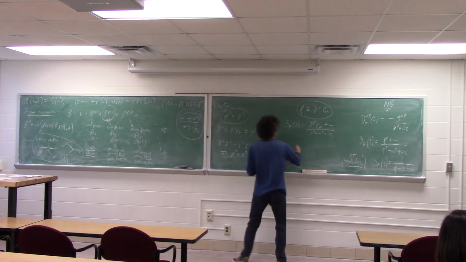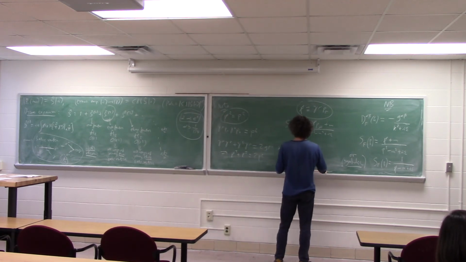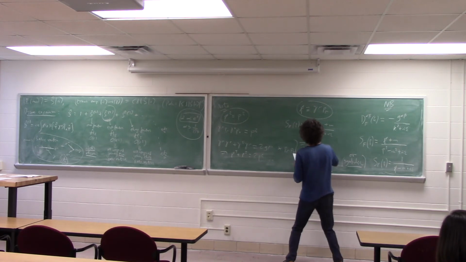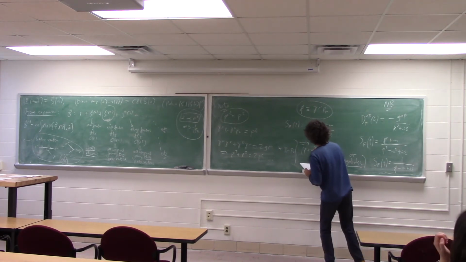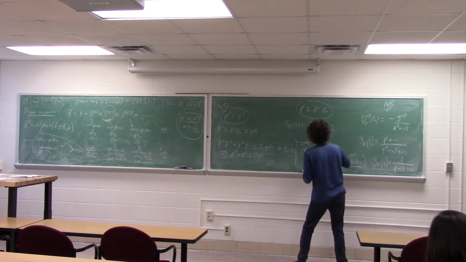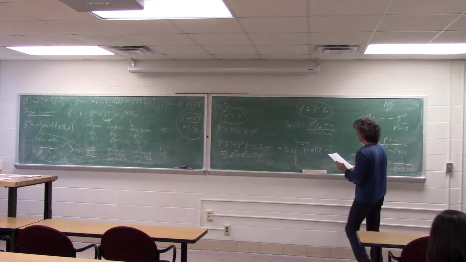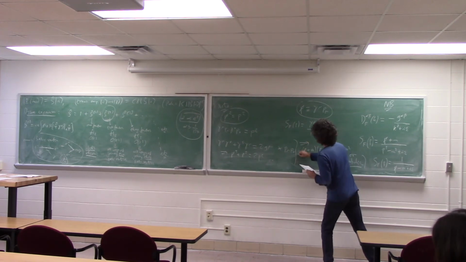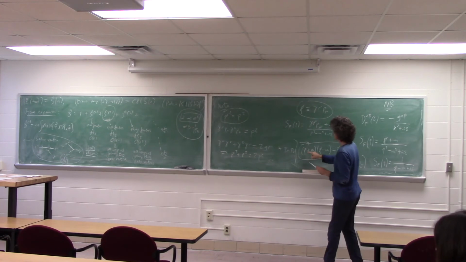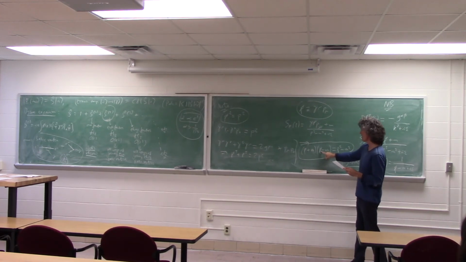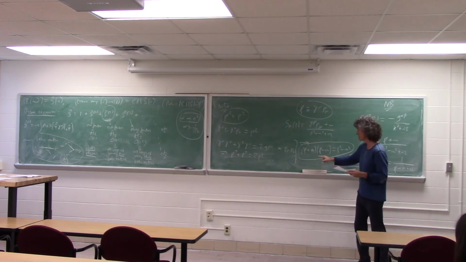And so this implies that p slash plus m times p slash minus m is equal to p squared minus m squared. Why? Because I get a p slash squared, which is p squared, I get plus m p slash minus m p slash, which cancel, and minus m squared.